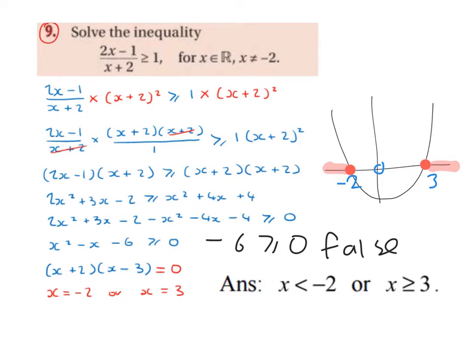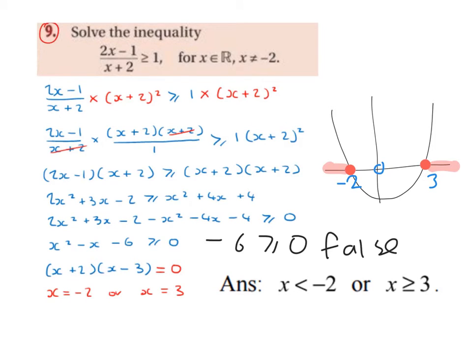So the way to describe in words all the x values to the left of −2 is to say x values that are less than −2. Now in our initial question we had the symbol greater than or equal to. So we would presume that we would say less than or equal to −2.